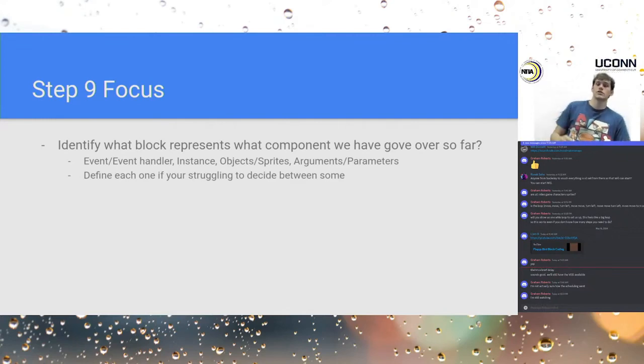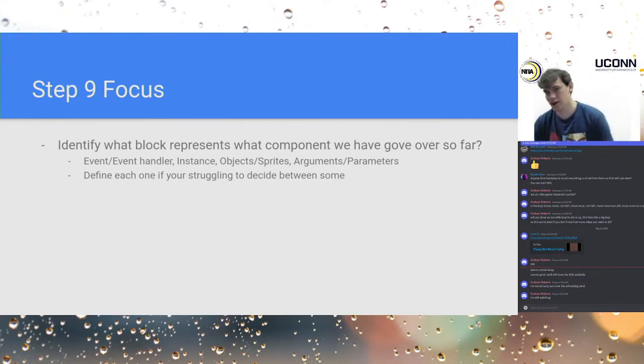I want you guys to go through every single block. Look at the block. Is this blah, blah, blah? Why is this blah, blah, blah? Think about the definition. Oh, this is something happening here. We have an event. Oh, what do we know? I don't want to give you guys too many answers, but I want you to really go through.